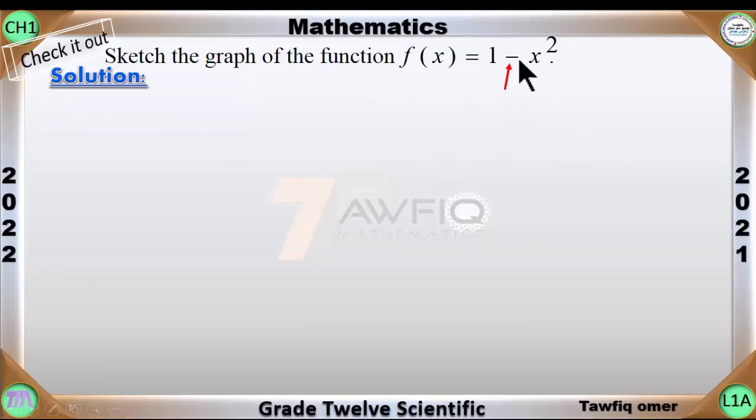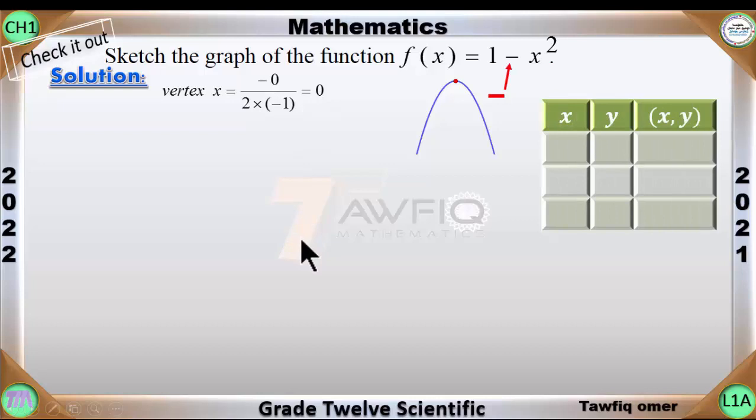Because the sign of x squared is minus or negative, then the graph will be open to the down, like this. And to find the vertex using the same rule, x equal minus b over 2 times a, here b is 0 again because there is no x here, and 2 times a is minus 1, 2 times minus 1, then 0 over minus 2 is equal 0.